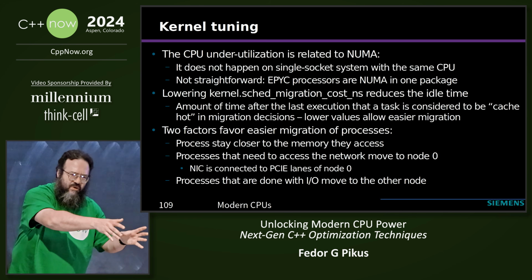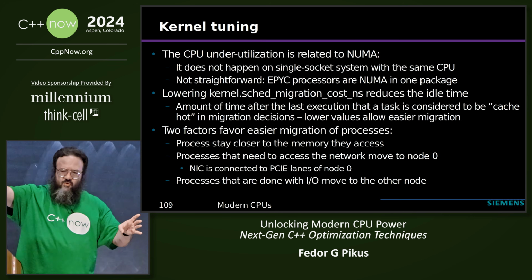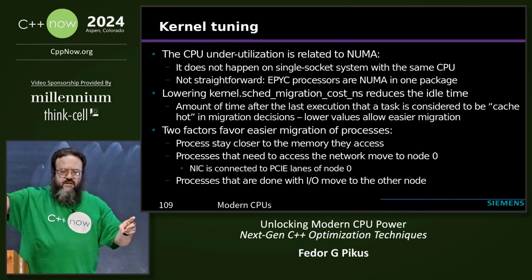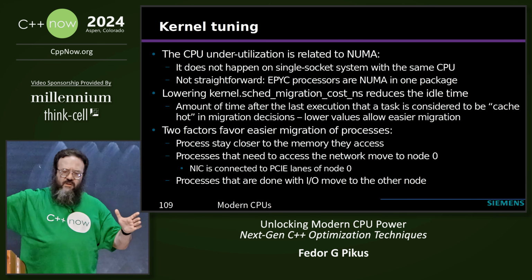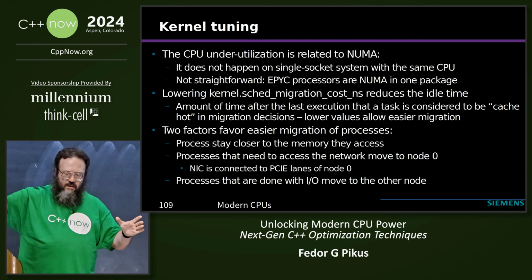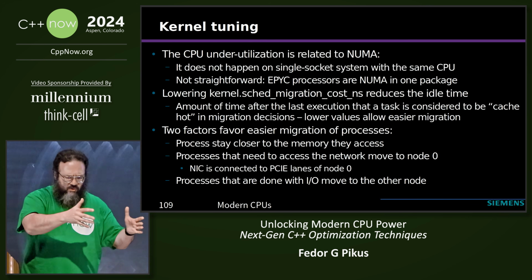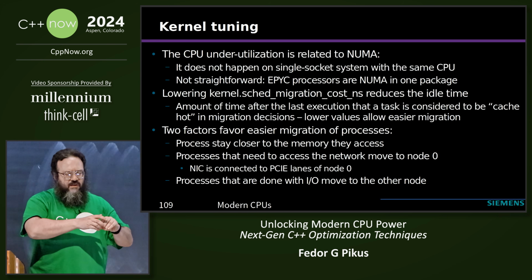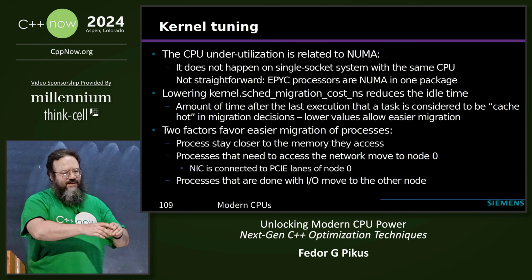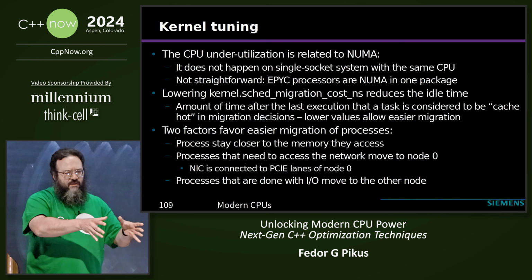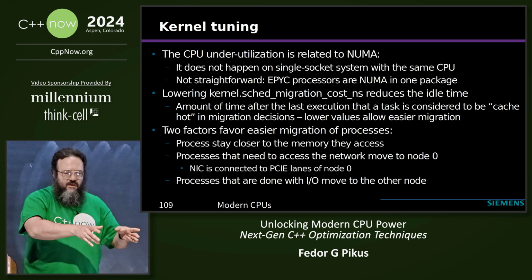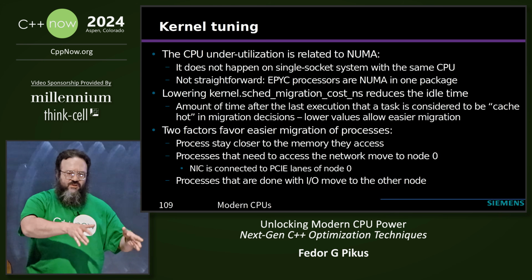Now that node is overcommitted until somebody else can be moved over there, and the default kernel configuration is pretty long on that. When a thread stops talking to the network, and as I said, it doesn't talk to the network for very long because we do maintain very high CPU load on average, it's still sitting on that node. It will sit there for a while because the OS has a high resistance to migration.